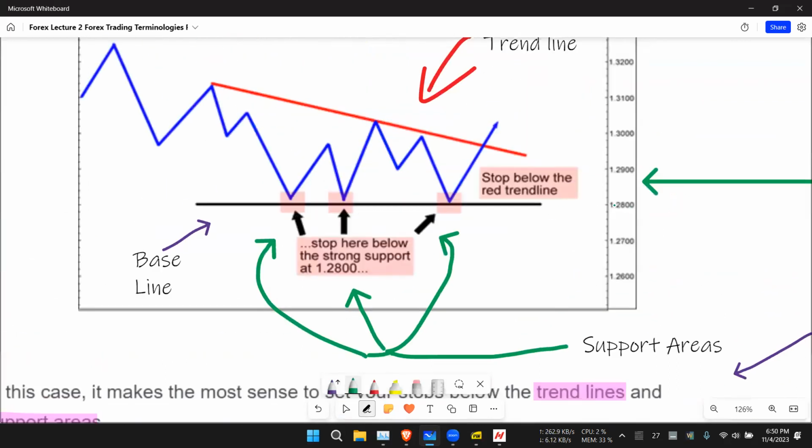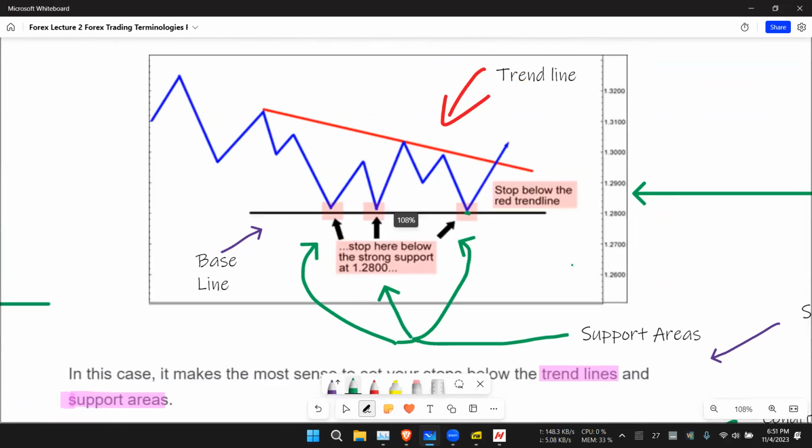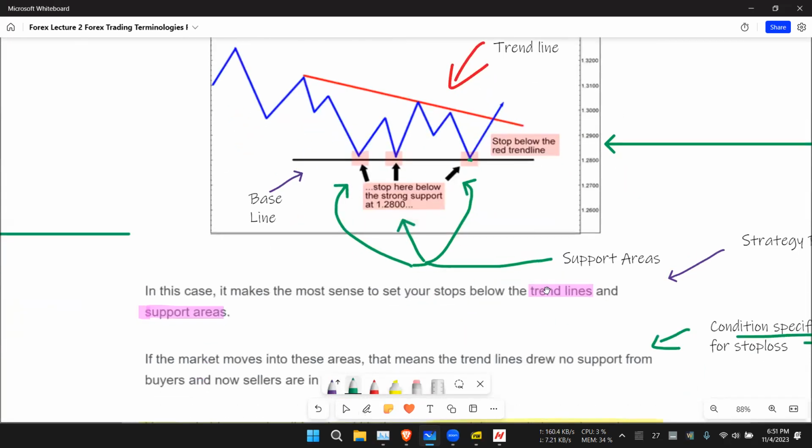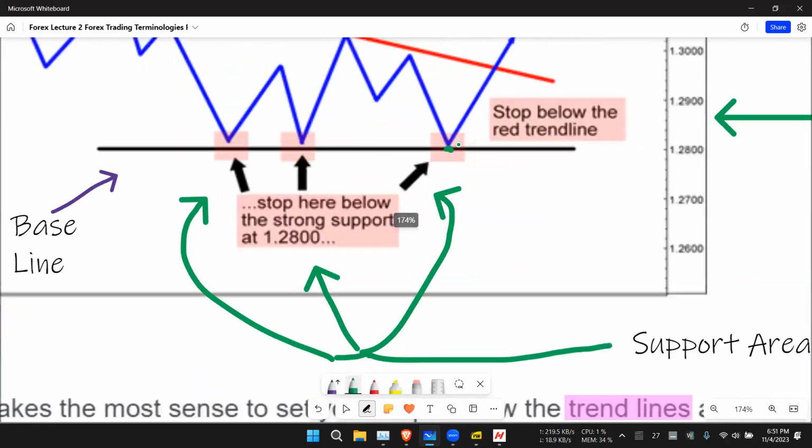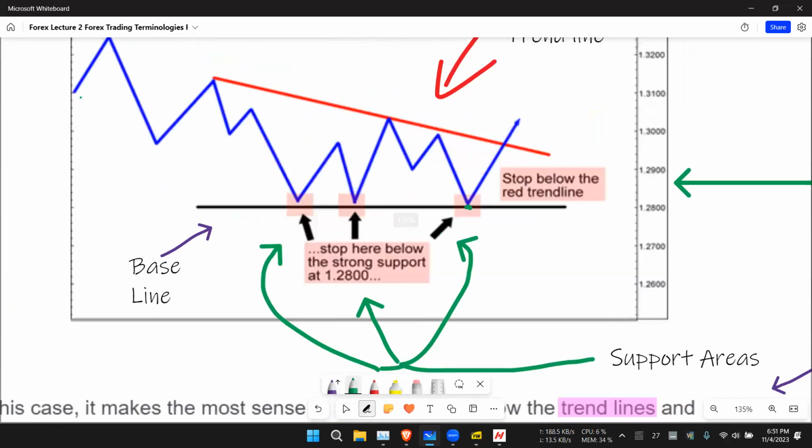On this area, 1.28800, if the line actually hits one time, two times, three times, we are going to close the trade from here onwards. We close the trade so we don't have a huge loss.